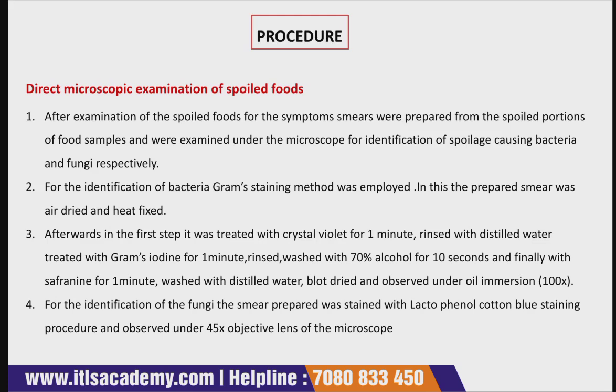At last you take 70% alcohol, put it on the smear, and wait for 10 seconds. After that, you take safranin for 1 minute, and at last you wash it. After using all these, you blot dry and observe under oil immersion.